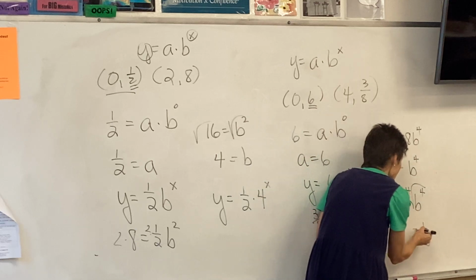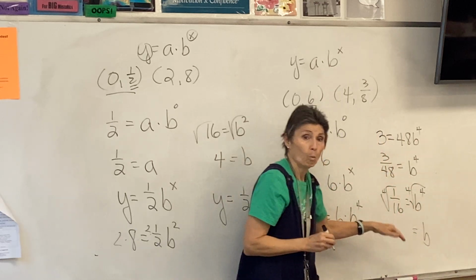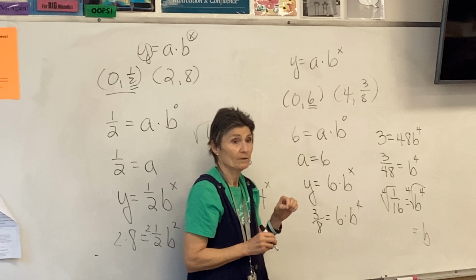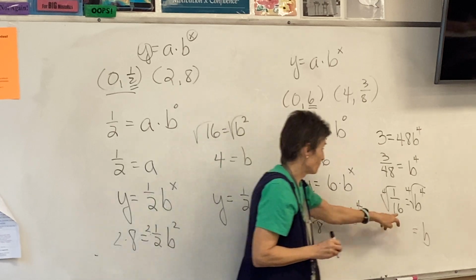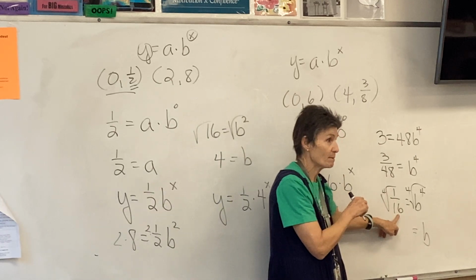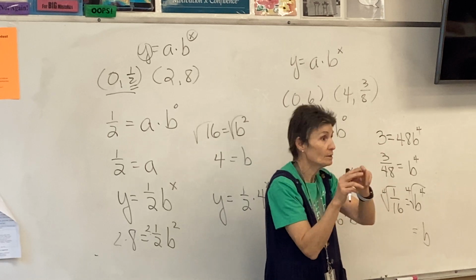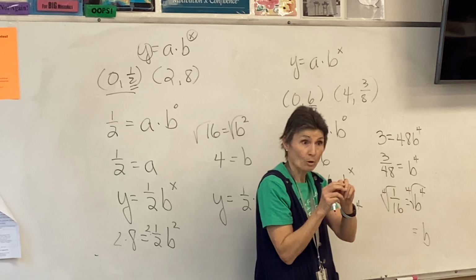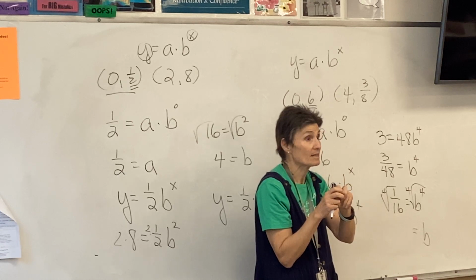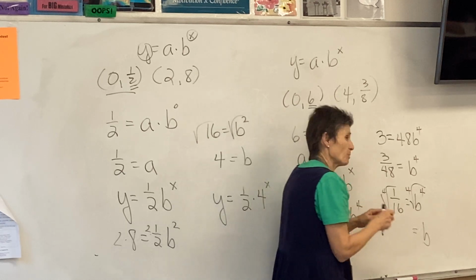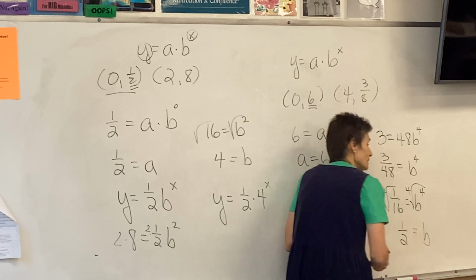And then I'm going to ask myself, what times itself 4 times gives me 16? That's what this means. 2 times 2 times 2 times 2. The 4th root of 16 is 2. You should probably know that.